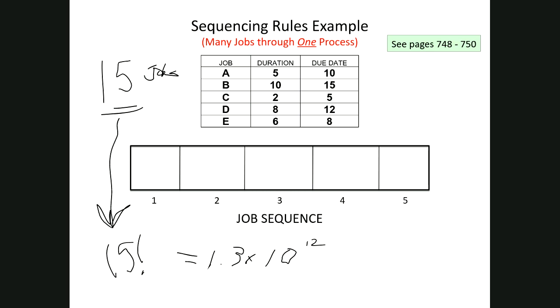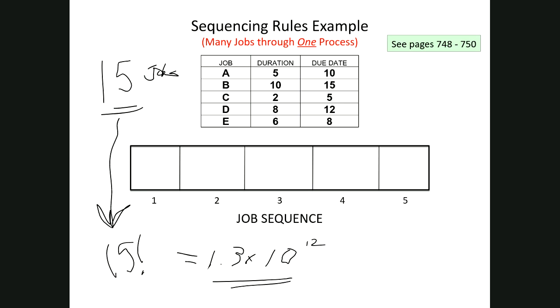So it's an exceptionally large number, and that is essentially the number of grains of sand on the earth. And so to know which one of those sequences is the best sequence, you would have to evaluate all of those 1.3 times 10 to the 12th solutions.